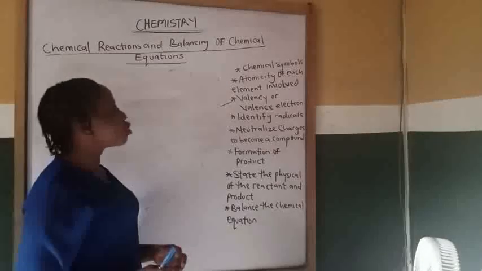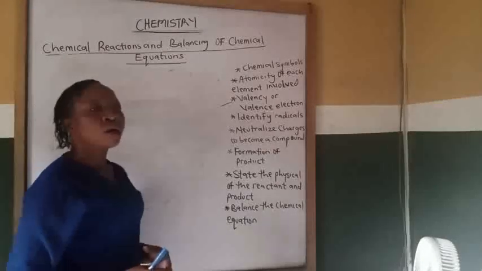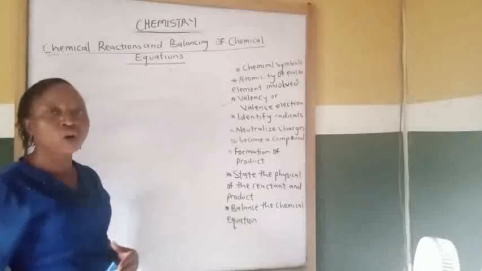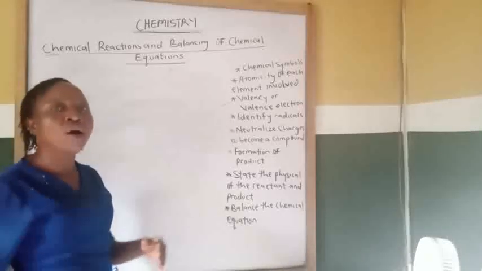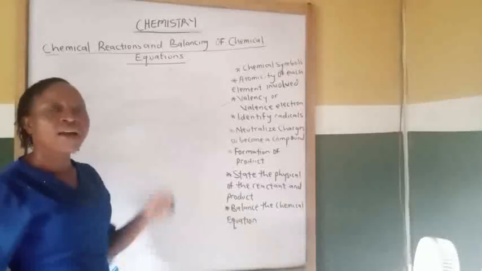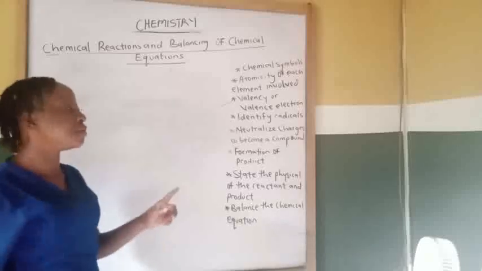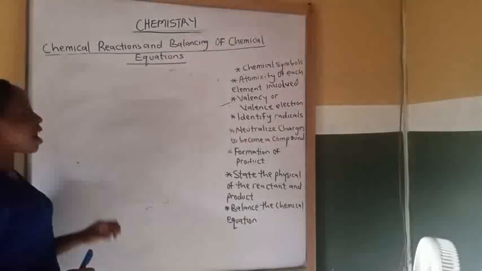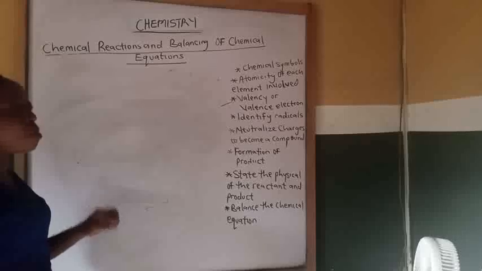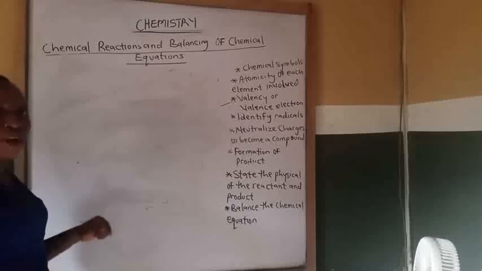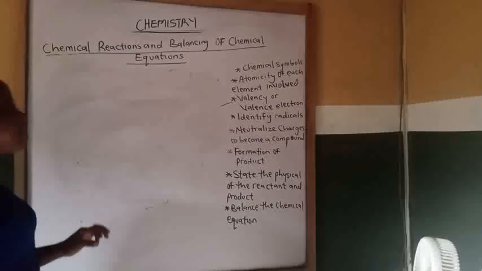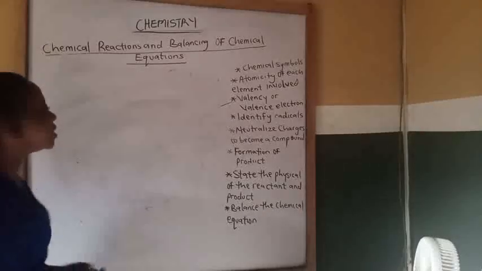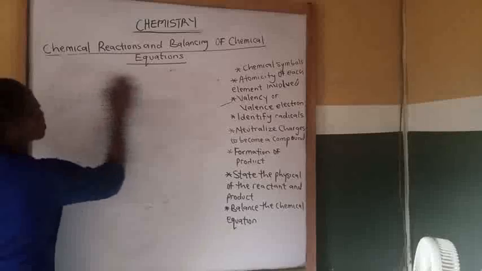Radicals are a group of atoms with two or more elements carrying positive or negative charge. Radicals are a group of two or more atoms of different elements carrying positive or negative charge.